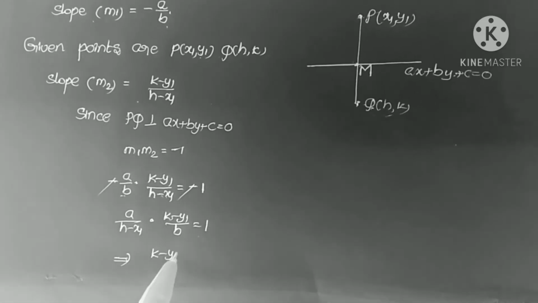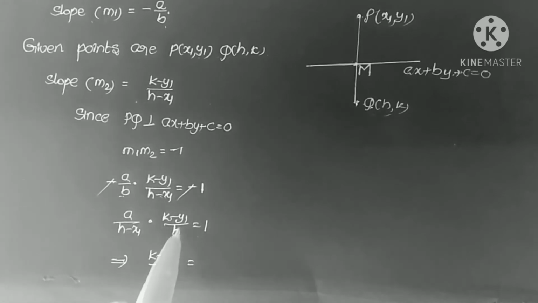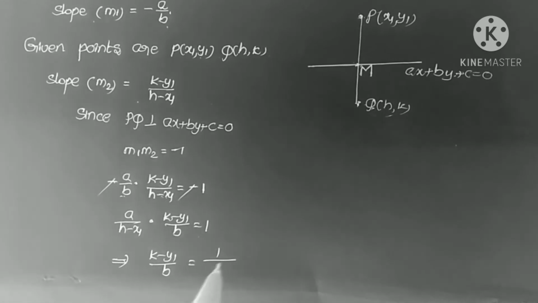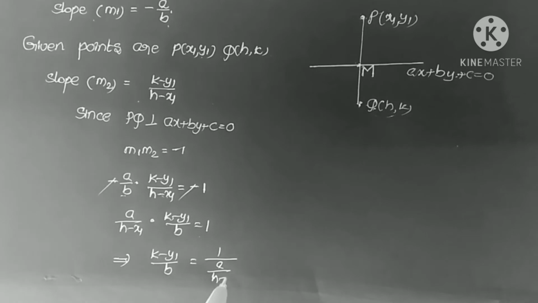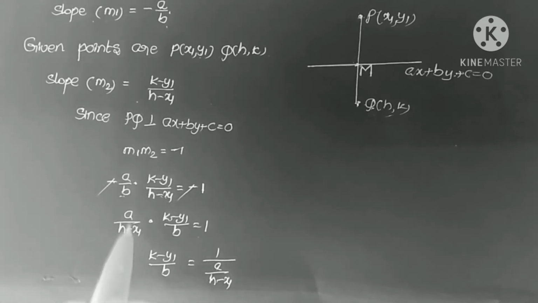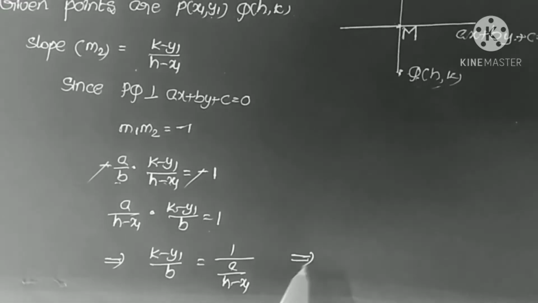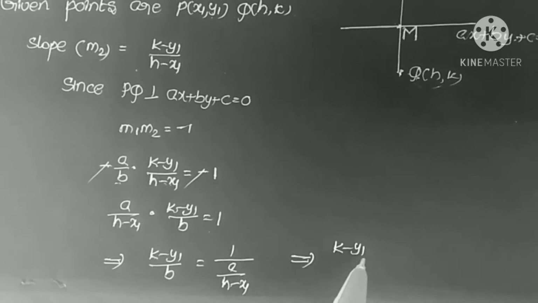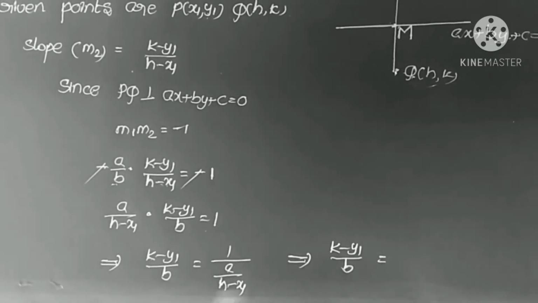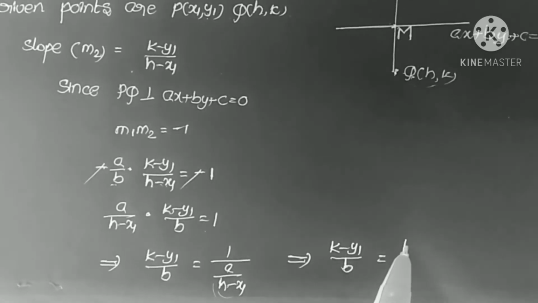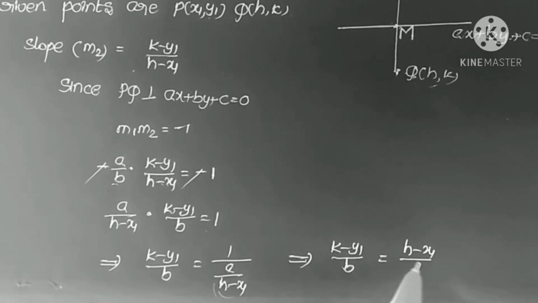That implies the value of (k - y1)/b is equal to 1 by (a/(h - x1)). We are just writing this fraction to this side, which implies (k - y1)/b is equal to, taking the reverse of this fraction, (h - x1)/a.